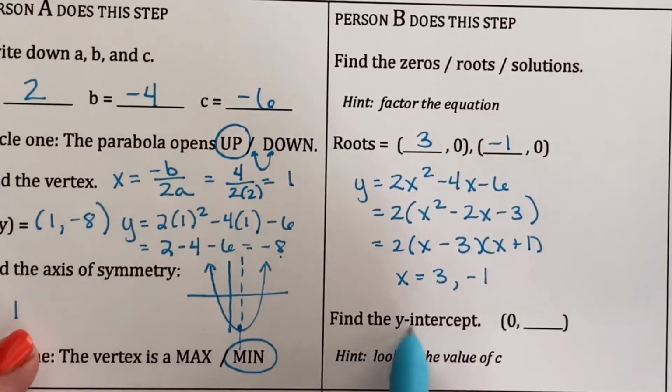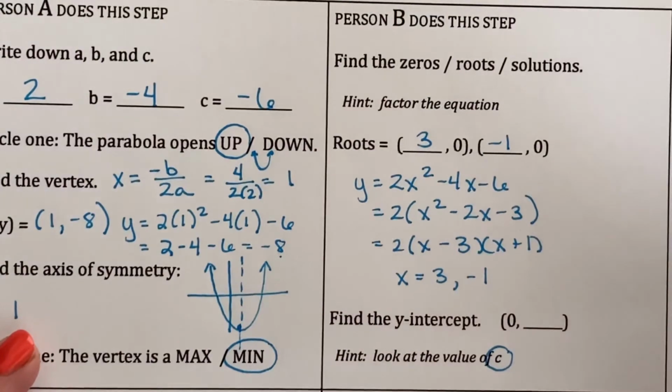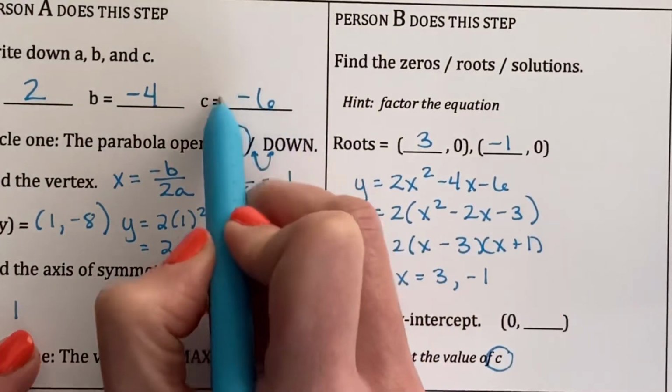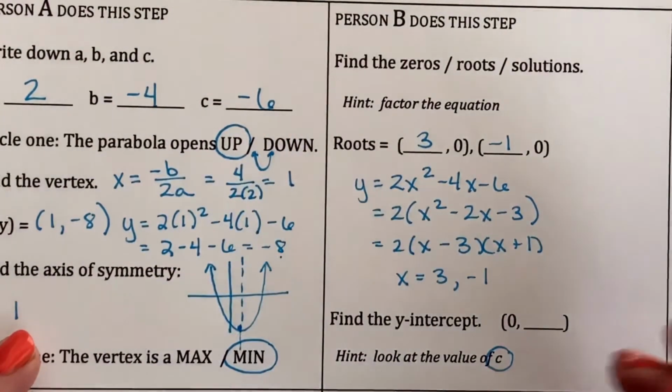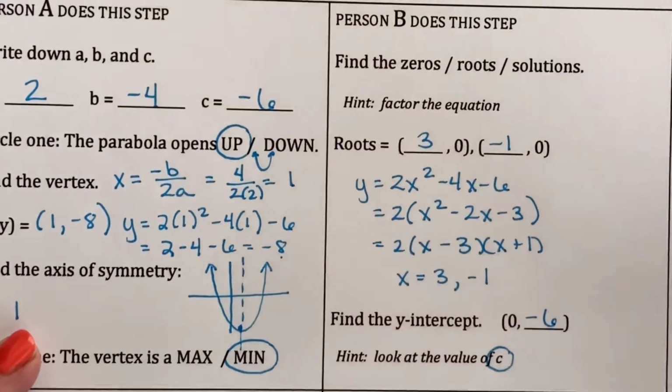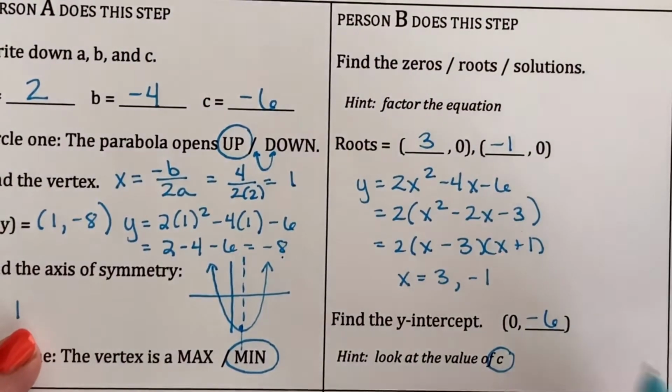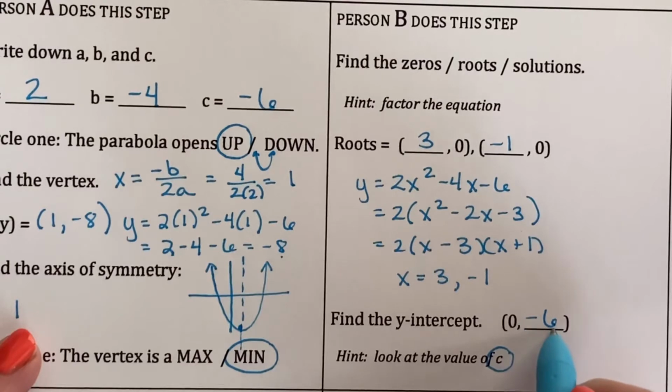My next one, I'm going to find the y-intercept. My hint is to look at the value of c. My value of c is negative 6. That's my y-intercept, so it's going to cross the axis at (0, negative 6).